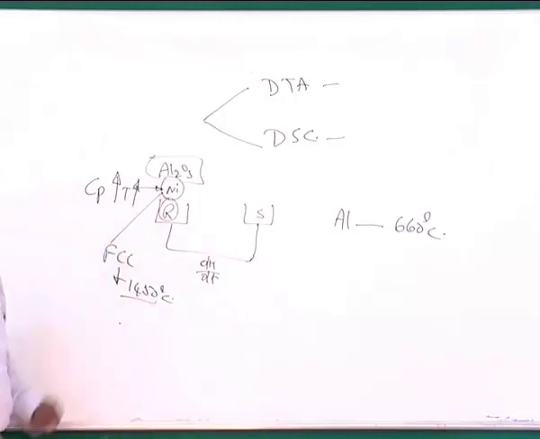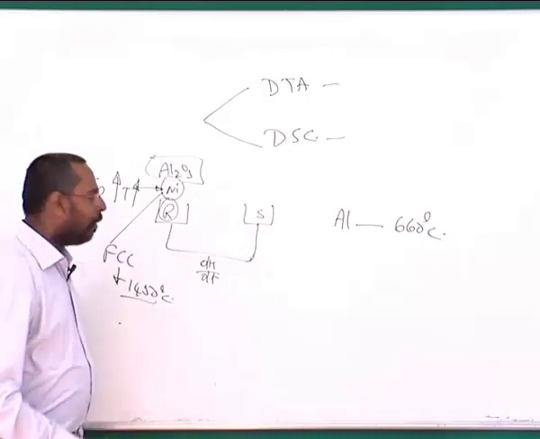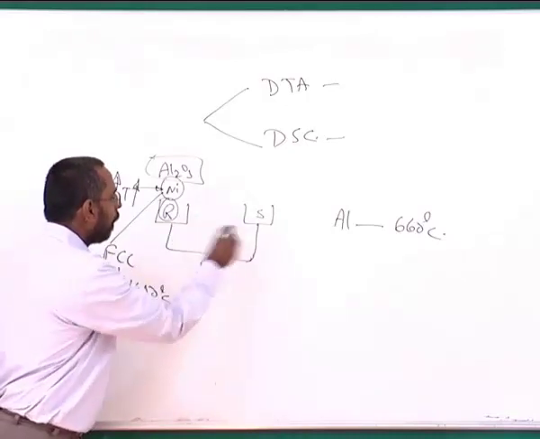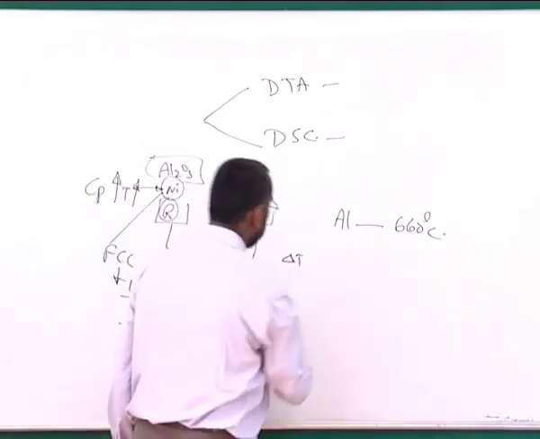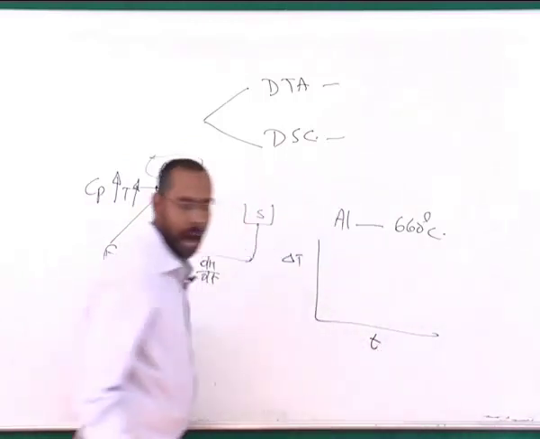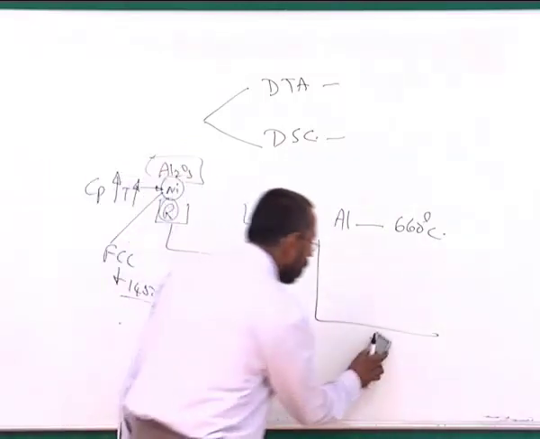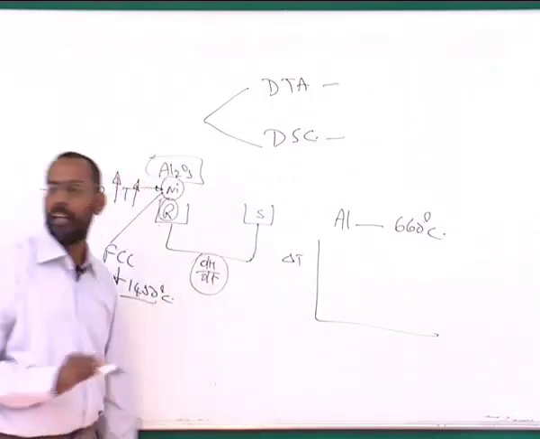So if I use such a reference and put my sample, and try to see what is the difference in temperature between these two, and plot the delta T as a function of time or as a function of temperature. Time and temperature are interchangeable because I am heating at a particular heating rate.